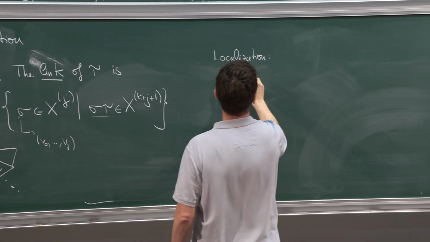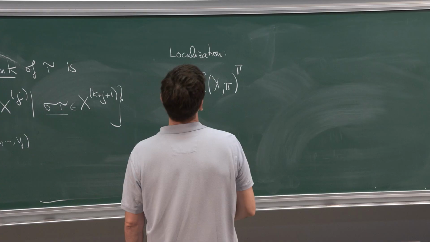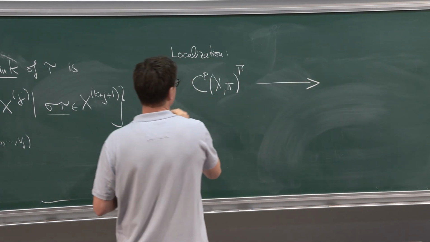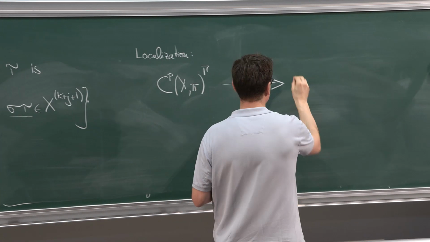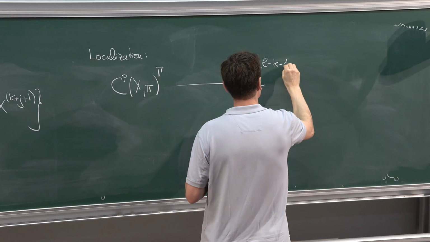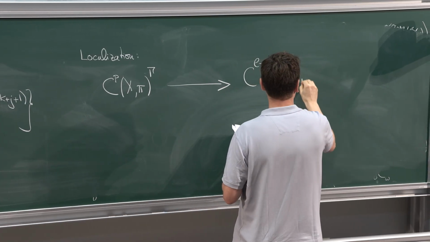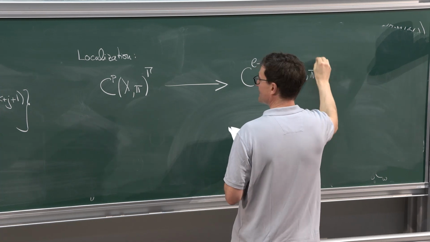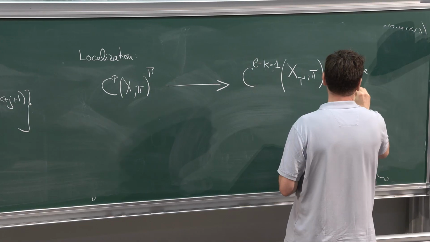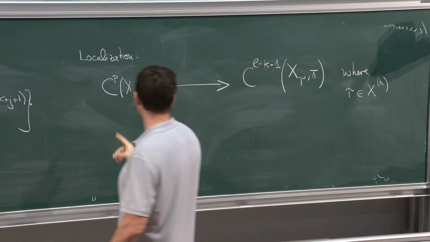Yeah, it's C^p(X, π_γ). And there is a map to... the challenge is always to get the degrees correctly here. So tau is now a k-simplex, and you have a map like that.